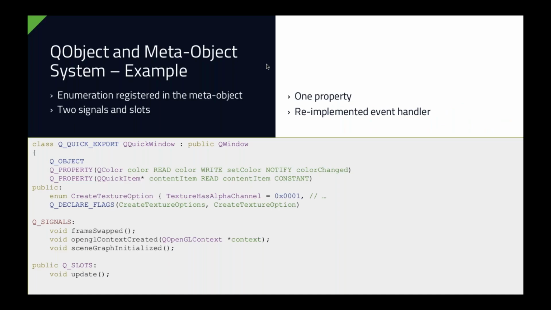For example, we have some sample code here. An enumeration has been registered in the meta object system, and you can see that with the Q_DECLARE_FLAGS line in the sample code. We also have a couple of properties at the top, and we're registering some signals and some slots. This is actually from QQuickWindow, which is part of the Qt Quick QML runtime.